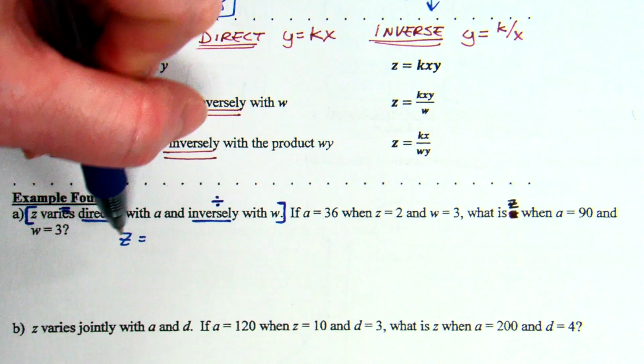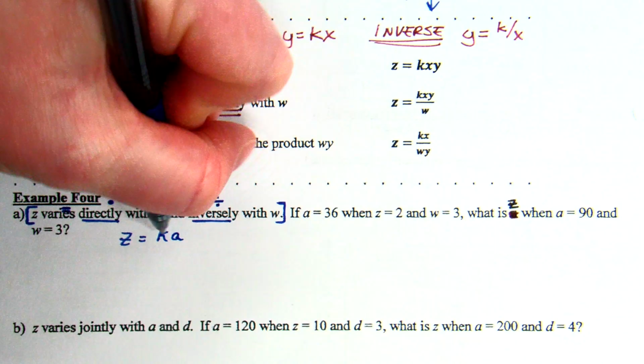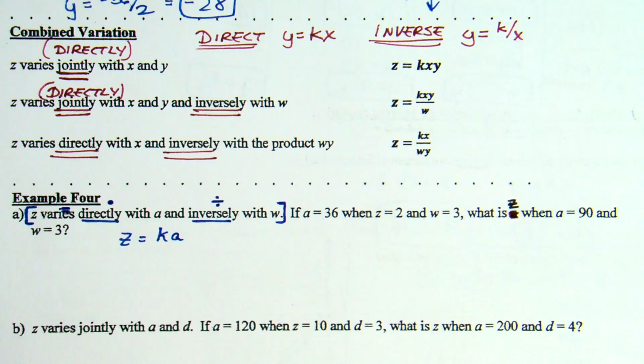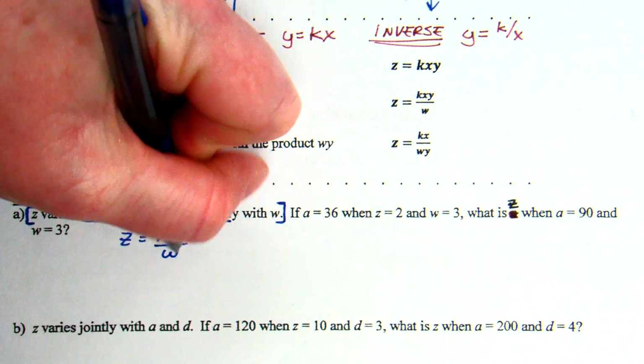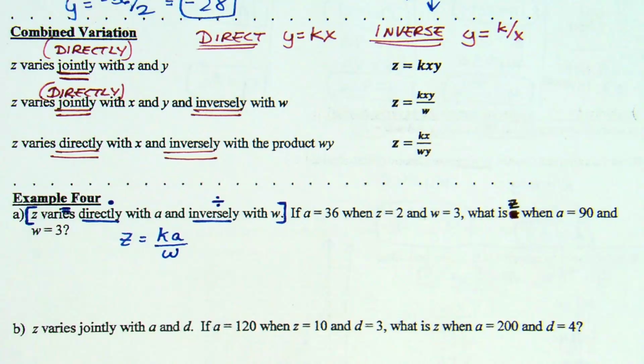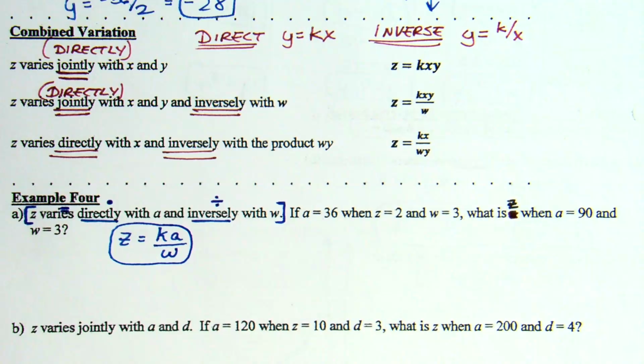Directly with A means we're going to write what? K times A. Inversely with W means we're going to divide by W. This is my starting point in my mind. Questions on my starting point? Because if I've lost you already, this is going to be a really difficult problem because you can't really proceed. Okay?